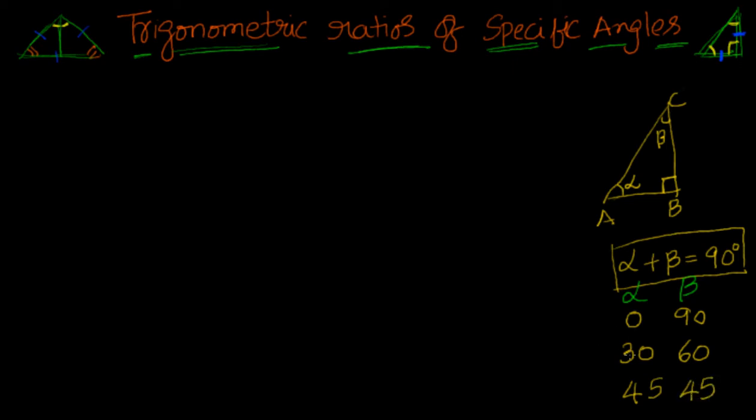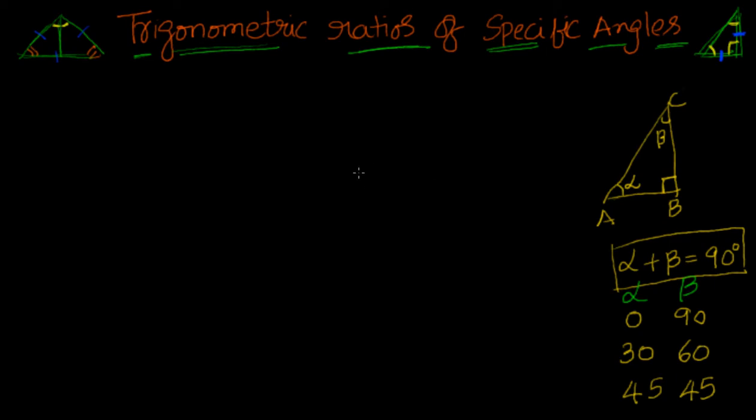If I keep alpha as 60, beta 30. So if I am able to construct a triangle where alpha and beta are 30 and 60, or 45 and 45, then I can use Pythagoras theorem, and using the lengths of the sides I can find out the ratios.